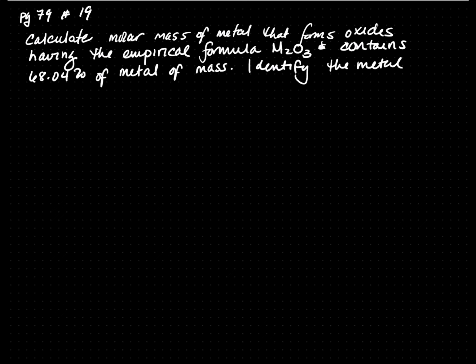On this one, we are calculating the molar mass of a metal that forms an oxide having the empirical formula of M2O3. It contains 68.0% metal by mass. Identify the metal. So we know the total percentage of the metal plus the oxygen has to equal 100. So 100% is equal to the percent of the metal plus the percent of the oxygen.